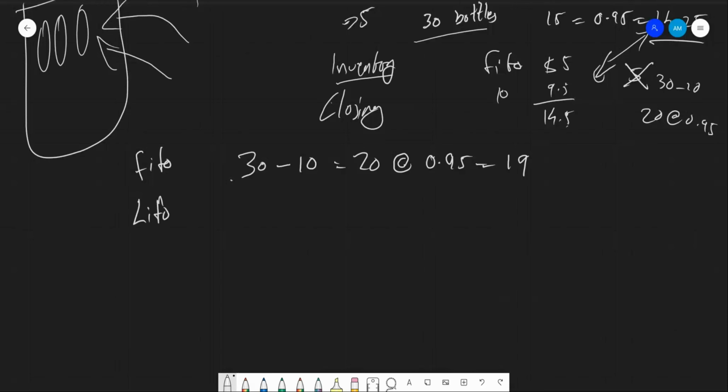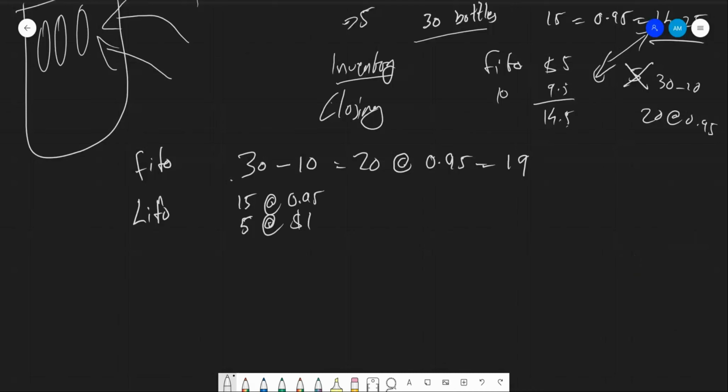So through LIFO we know that we were to erase the latest one first. So instead of 30 now we have 15 left plus the 5 that is from the previous stock that was left, and both of these have different valuations. The 15 is valued at 0.95, whereas the 5 is valued at $1.